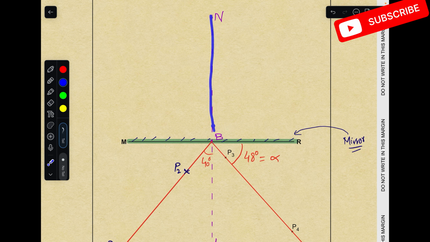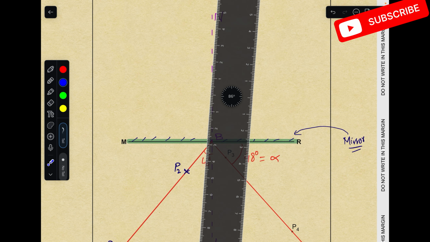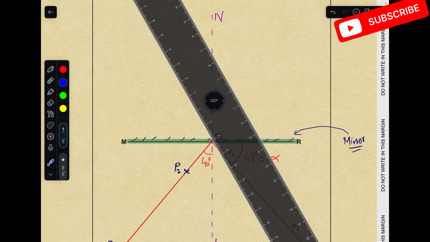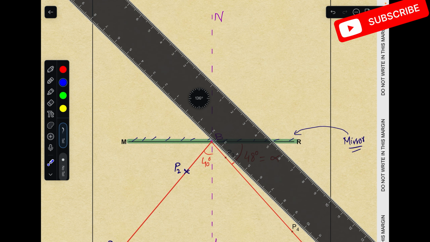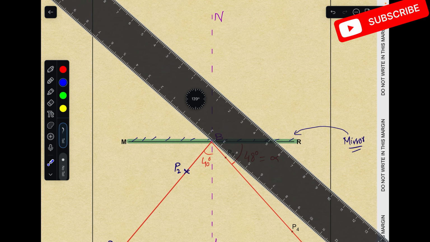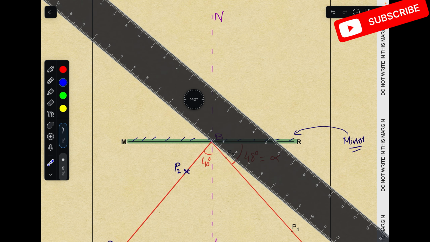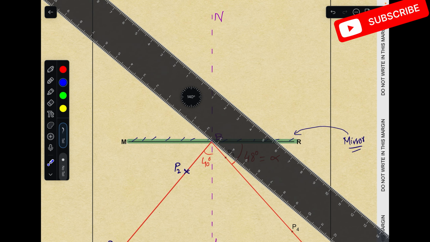This thing is 90 on the scale, so if I have to move 50 degrees, it should give me 90 plus 50, which is 140. So this is a 50-degree angle from here.